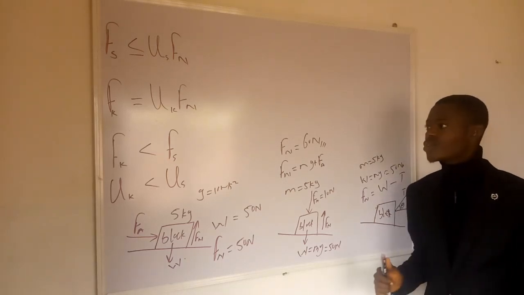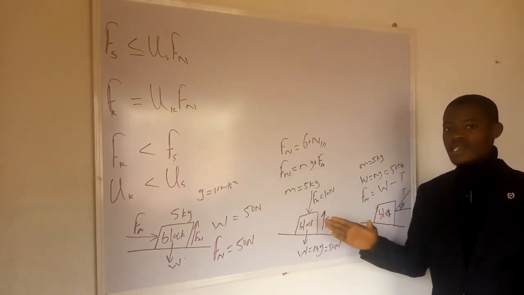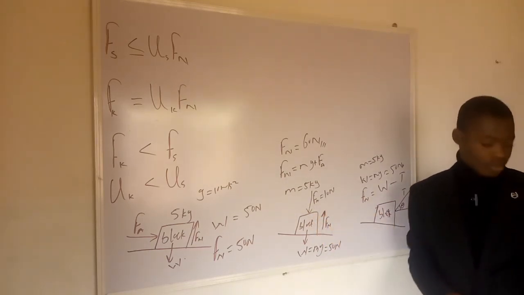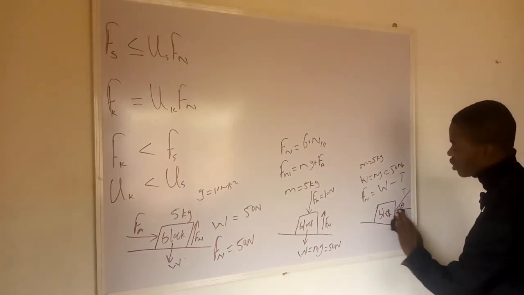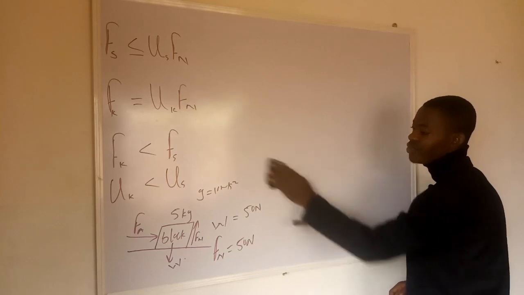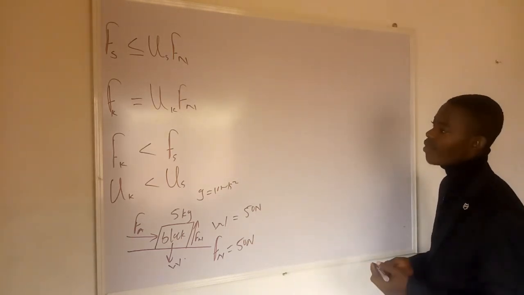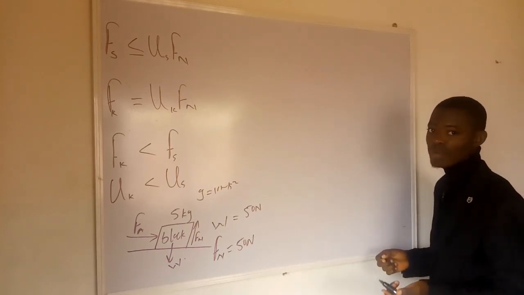Perfect. Now the next thing we have to consider is the relationship between the static friction, kinetic friction, and the net force. If you haven't written it down, you can pause the video and copy it in your notes. Now, I will explain that with the help of a theory.